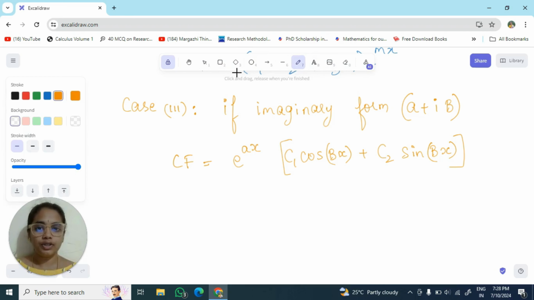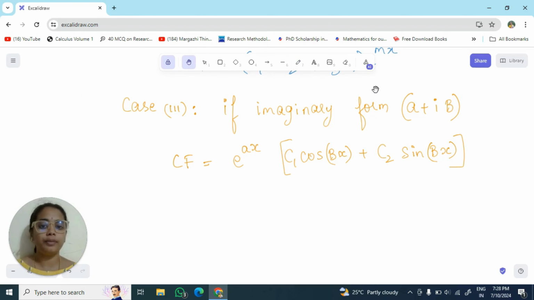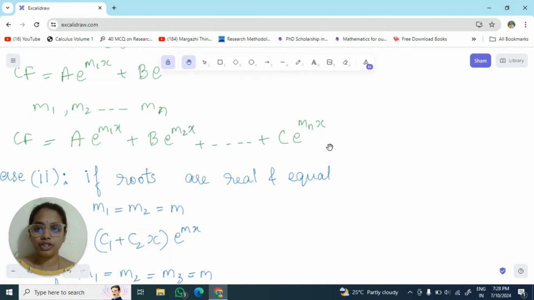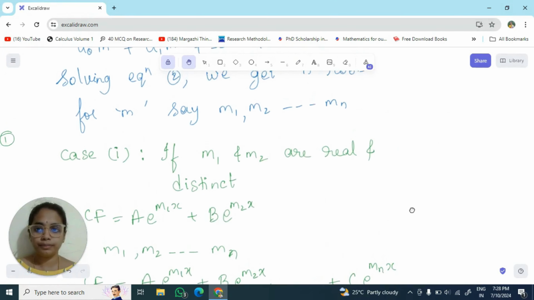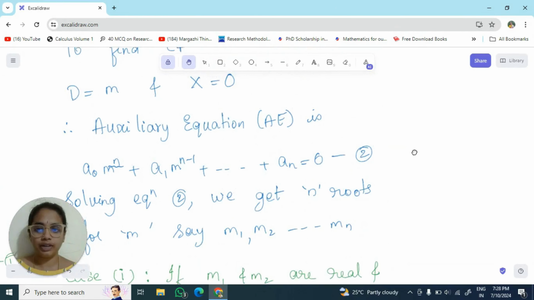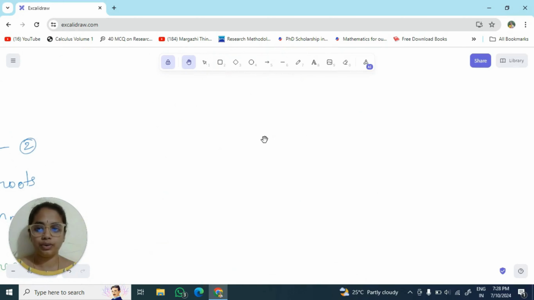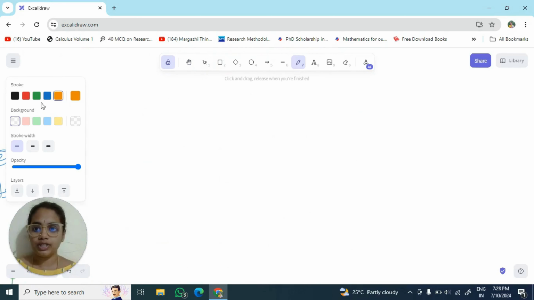Yes, now let us solve a few problems based on these types, these cases. Let us try finding the complementary function. Let us take a homogeneous equation, right? Whenever the RHS is equal to 0, we get a homogeneous equation. So let me write down a homogeneous equation.